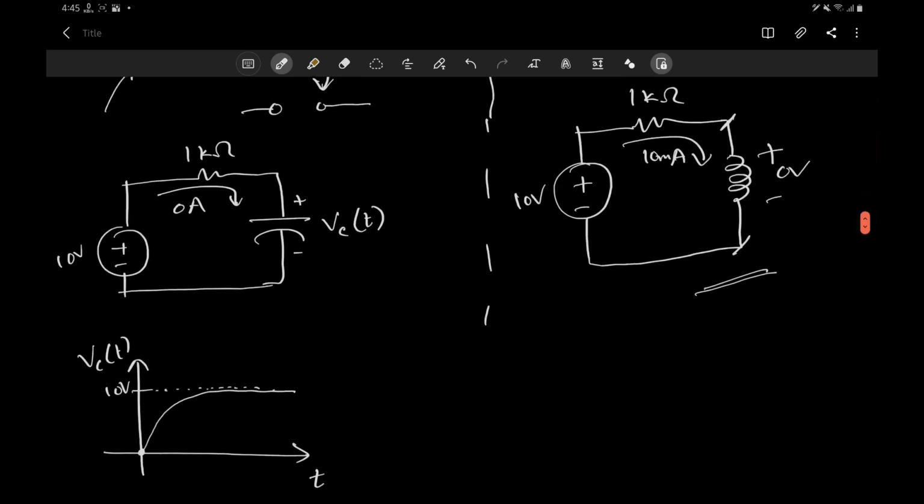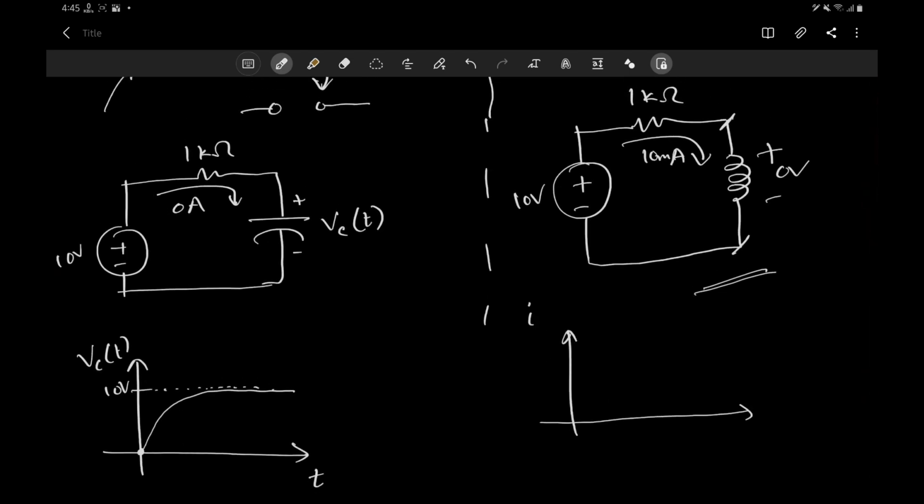And for the case of inductors, that's what happens with the current. The inductor is represented with L. This is controversial, but it's usually denoted with L because we use I for current. If we plot the current, let's say this is 10 milliamperes.